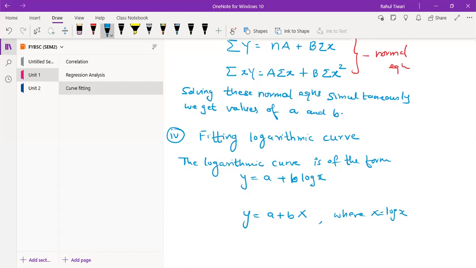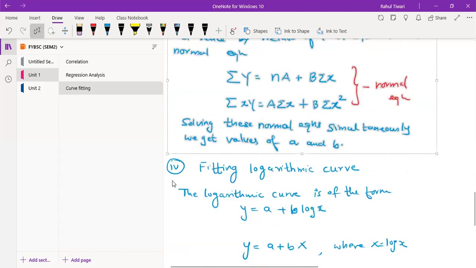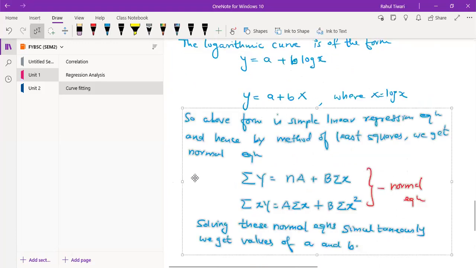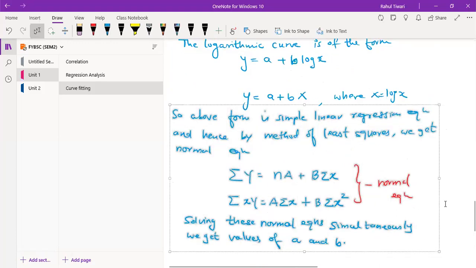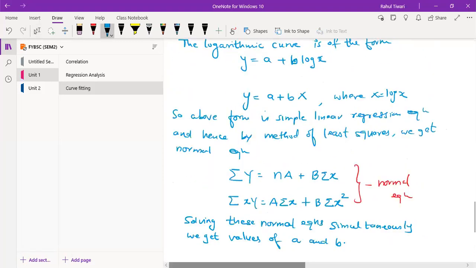So again, I will just simply copy and paste this statement. I hope you can understand how very simple all these forms are. Just looking at the data itself, you can understand how this model can be computed.